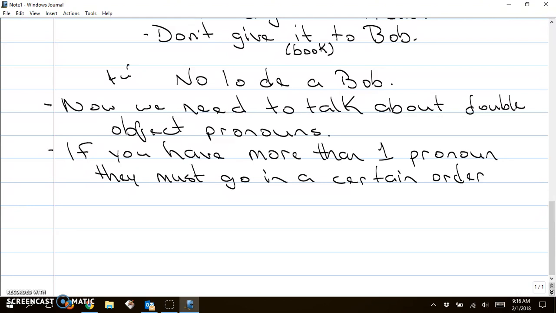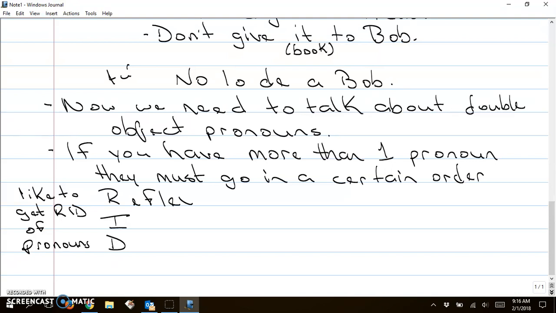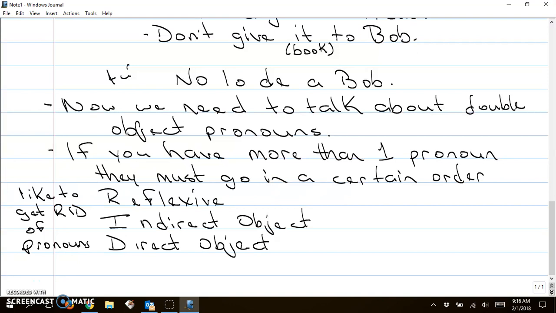And I have a little something to help you remember this. R-I-D, because we would like to get rid of pronouns. You have reflexive first, then indirect object pronouns, then direct object pronouns. Okay?